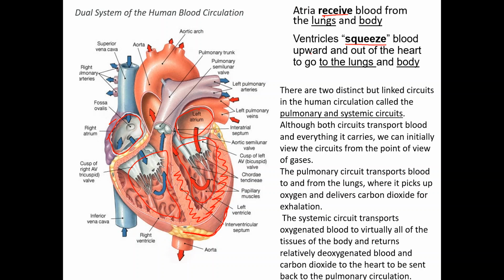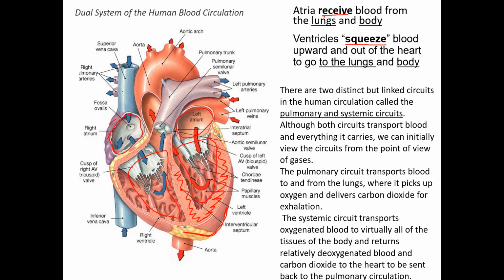We can say they squeeze blood upward. I'm going to show you very many diagrams to make sure you understand how the circulation works. First of all, we know that we can look at the blood circuits in terms of gases.